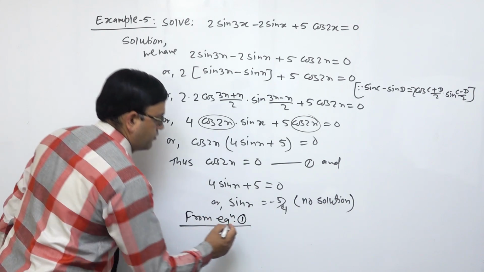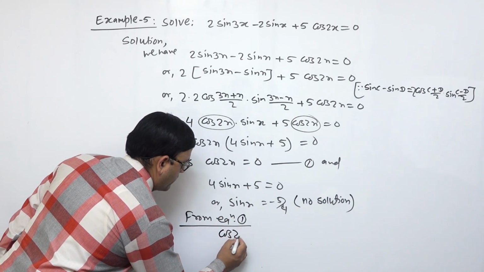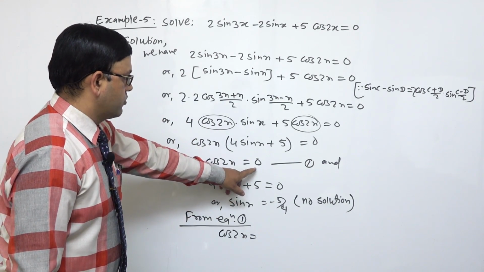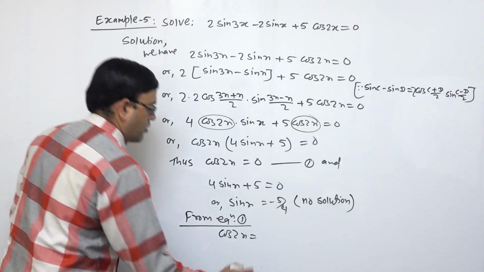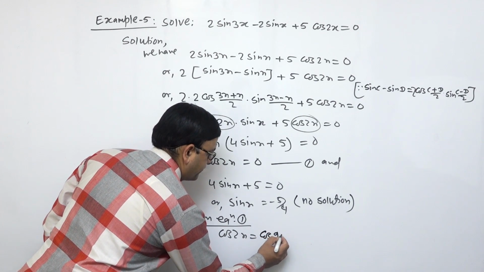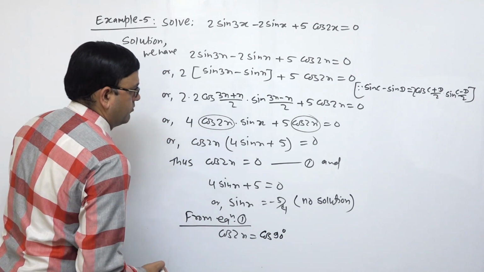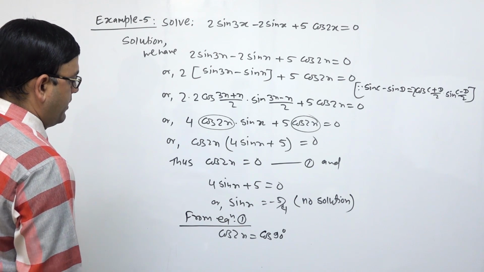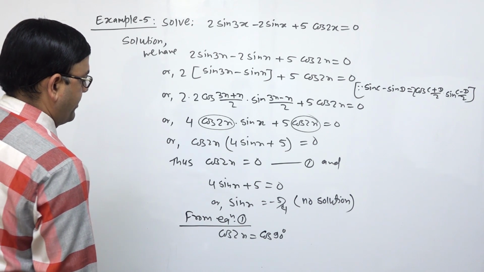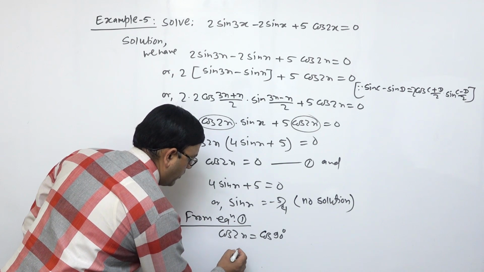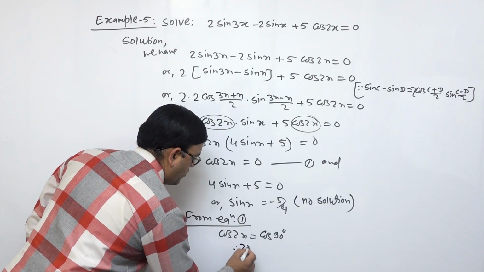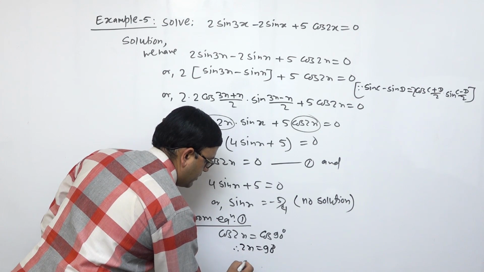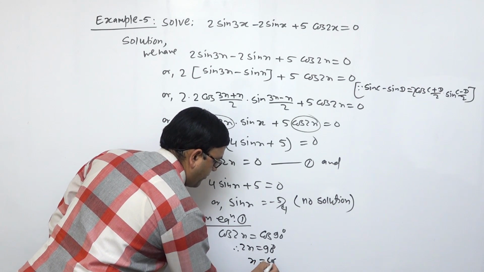Now from equation 1, we have cos 2x is equal to 0, so we can write cos 2x is equal to cos 90 degree. Therefore 2x is equal to 90 degree and x is equal to 45 degree.